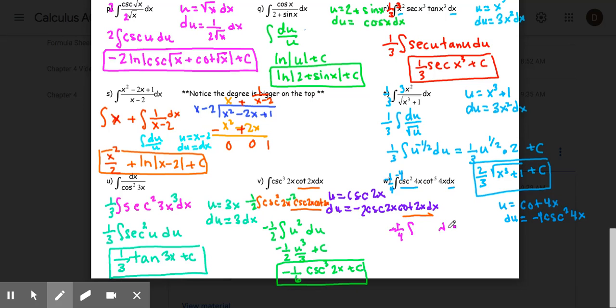Du always goes on the end. The rest of it, the cotangent to the fifth 4x, cotangent's u, so this is u to the fifth then. And that integrates to u to the sixth over 6 plus c. So that is negative 1/24 u to the 6th. So I'm going to plug my u back in, which is cotangent to the 6th 4x plus c.